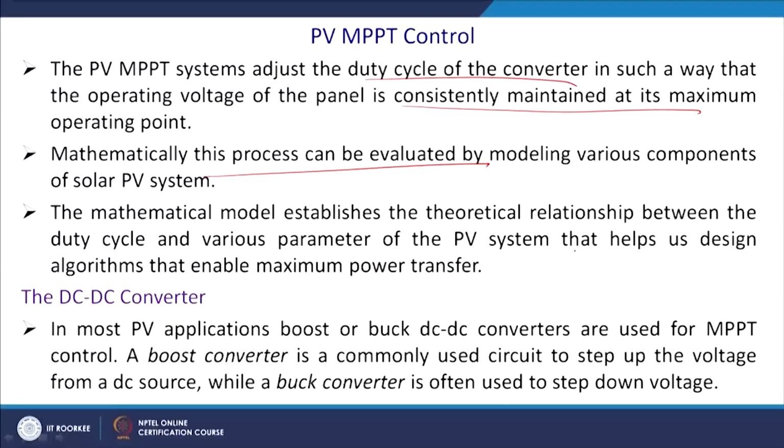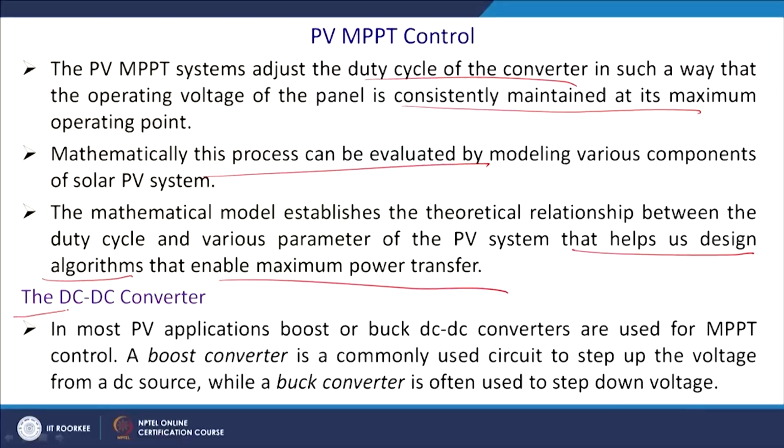Mathematically, this process can be evaluated by modeling the various components of the solar system. The mathematical model establishes the theoretical relationship between the duty cycle and various parameters of the PV system, that helps us in designing the algorithms that enable the maximum power transfer.